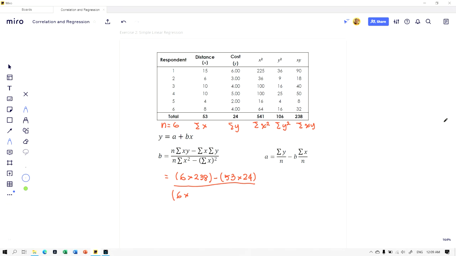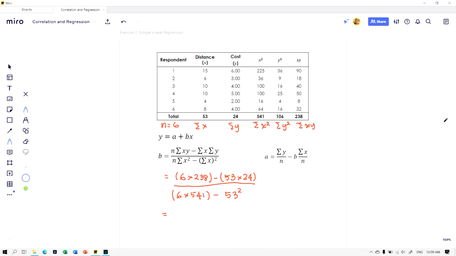The sum of x squared is given by the column x squared, and its value is equal to 541, minus the sum of x, which is 53, squared.